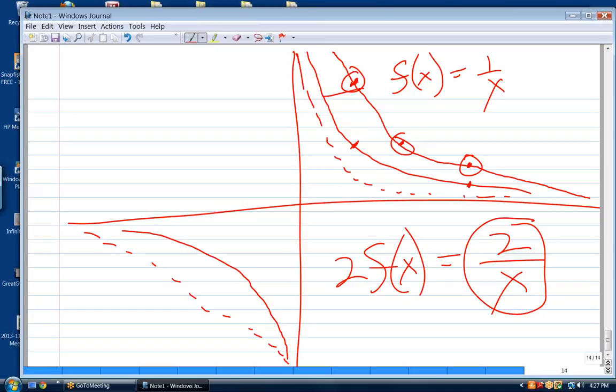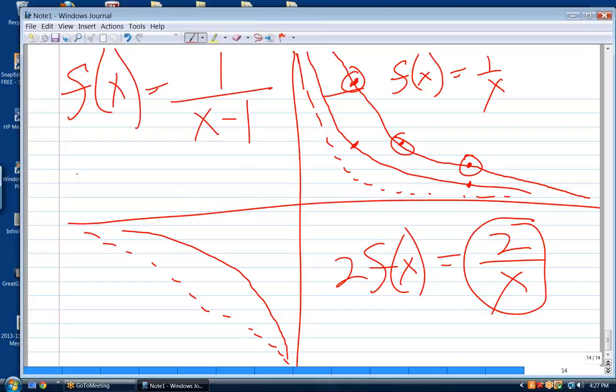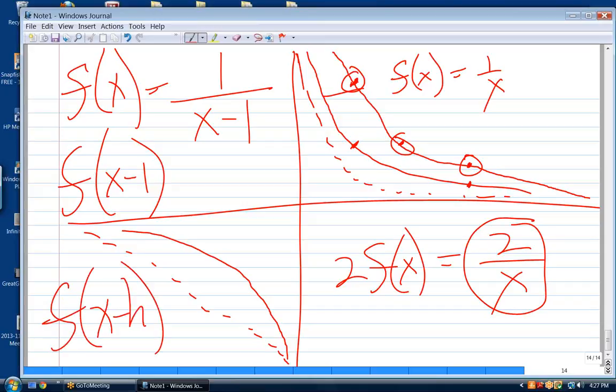Say if you had an equation like f of x equals 1 over x minus 1. That is the same as f of x minus 1, right? Which makes it a horizontal translation. If your shift is inside the parentheses, it makes it a horizontal translation, and what we're looking for is f of x minus h.